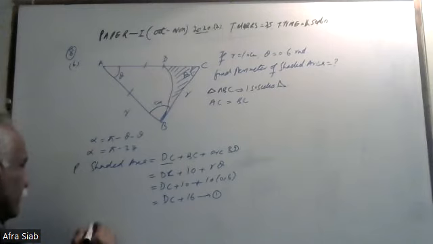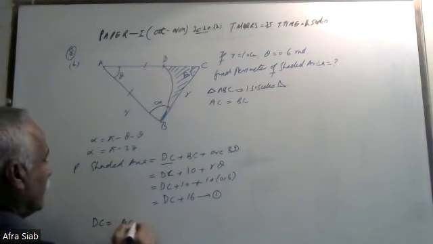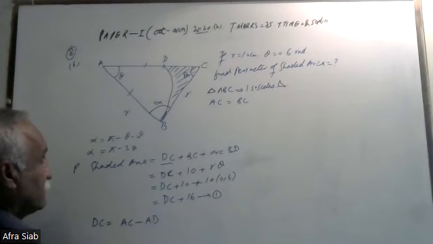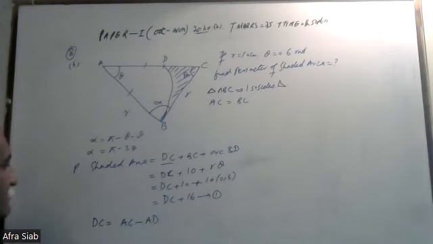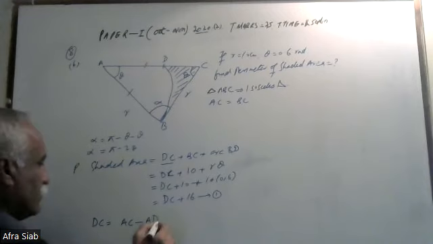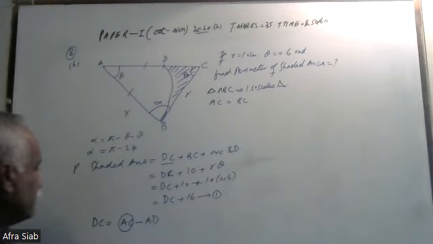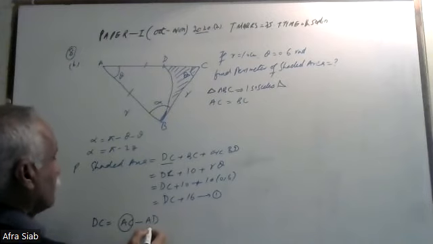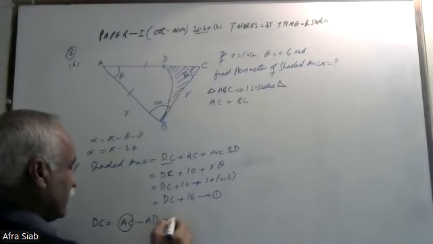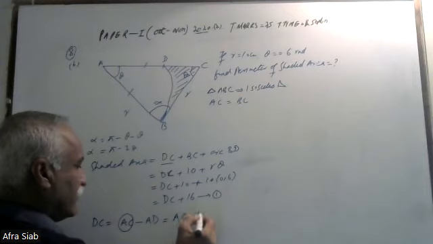We know that DC is basically equal to AC minus AD. So we have to calculate AC there. AD is also the radius, so we can write it as AC minus 10.